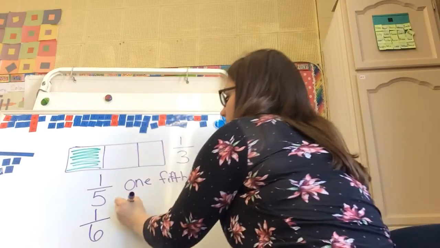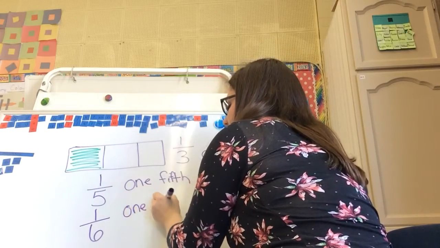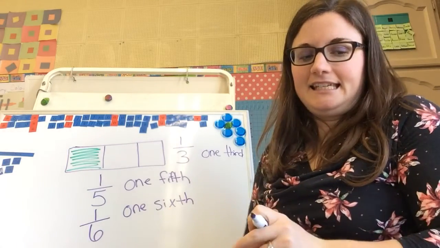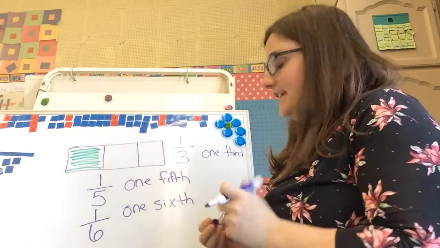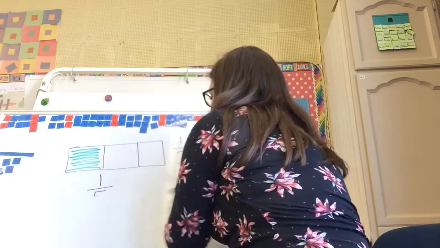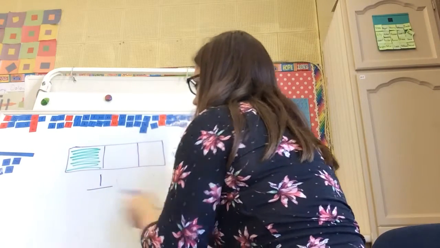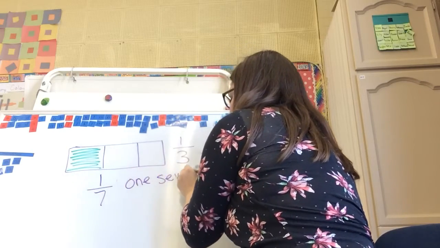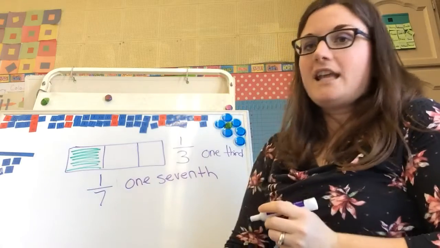Okay, oops, sorry, I see you can't see that. Okay, and we would call this 1/6. You'll notice the number 6 is in there and I add a TH. Okay, I can keep going. I can do 1/7. I write the number 7 and I add a TH. 1/7.